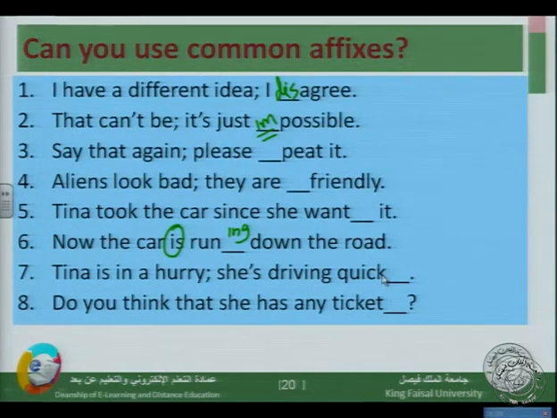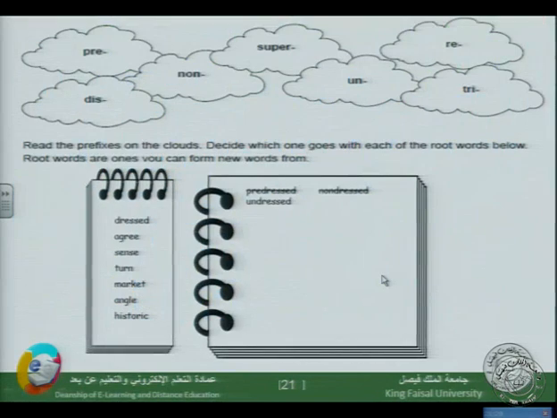So please do number 3, 4, 5, 7, and 8 by yourself. Okay? I usually like to give you a lot of exercises to help you understand the function and the meaning of suffixes and prefixes.